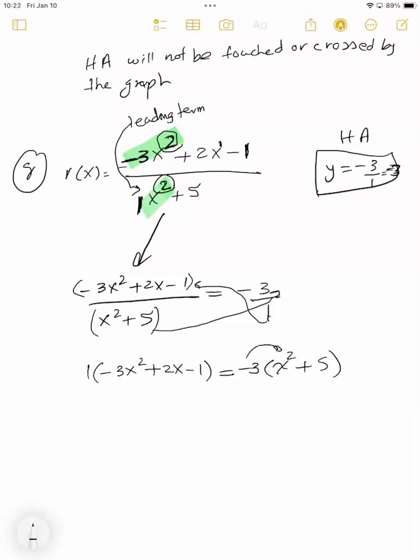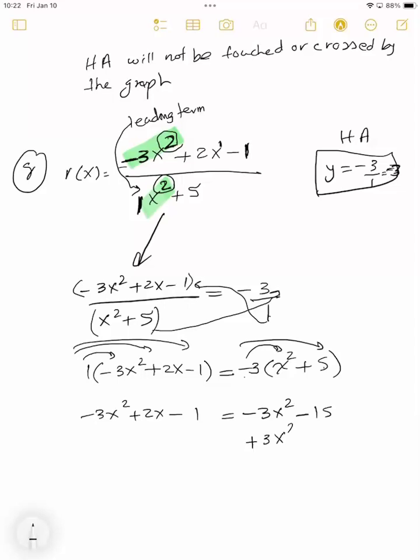Then you distribute: you get minus 3x to the power 2, and negative 3 times 5 is negative 15. When you distribute 1, nothing happens. You just get negative 3x to the power 2 plus 2x minus 1. Then I want to move all the terms like negative 3x to the power 2 to the other side, adding it to both sides.